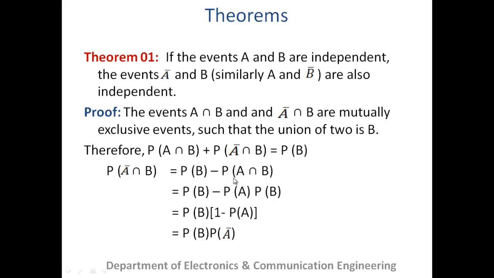Therefore probability of A intersection B can be written as the product of the two probabilities, probability of A and probability of B. So it can be obtained as equal to probability of B times (1 minus probability of A), where 1 minus probability of A yields the probability of A complement. So in the end we obtain probability of B multiplied by probability of A complement, which suggests that the two events B and A complement are also independent events.